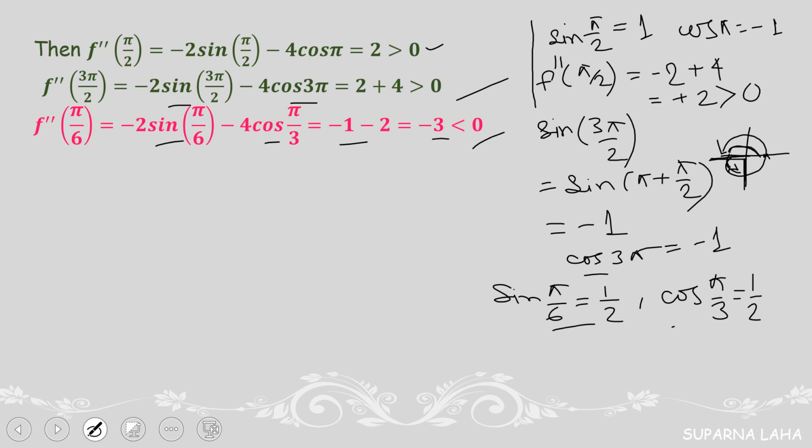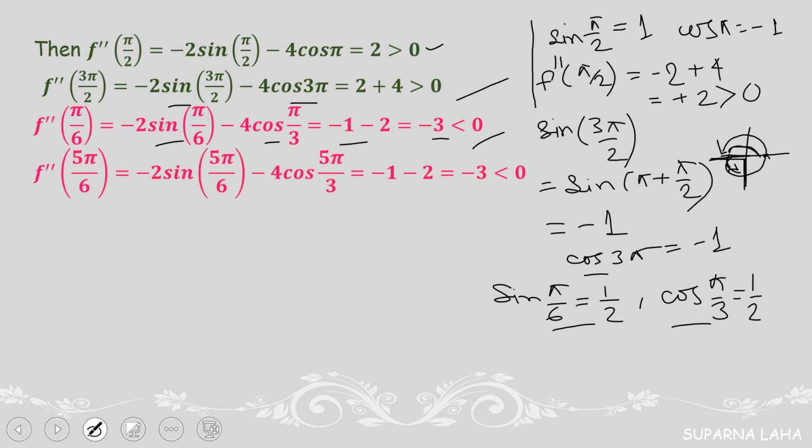Then we need to check 5 pi by 6. So sine of 5 pi by 6, I can write this as pi minus pi by 6, that is 5 pi by 6. So pi minus pi by 6 means it is in the second quadrant, so sine is positive, so plus half. And check cos 5 pi by 3.